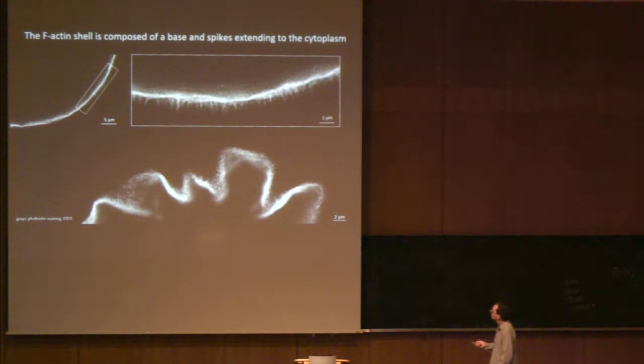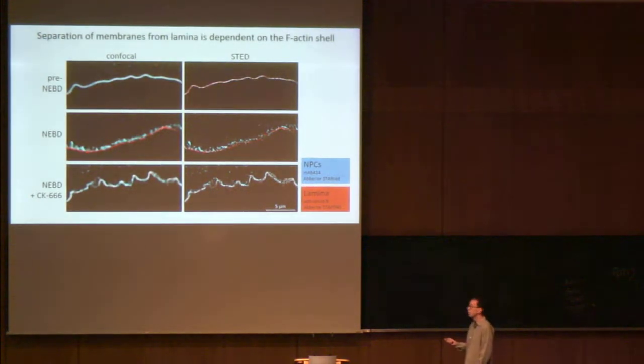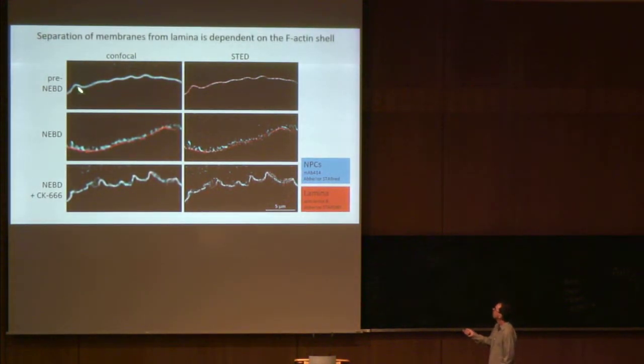Unfortunately, for now we could not co-stain actin and an antibody, so I can only show you separately that if we now stain the nuclear pores, here in cyan, and the lamina in red, you see how these are separating, but we are working on having actin on top of this as well.